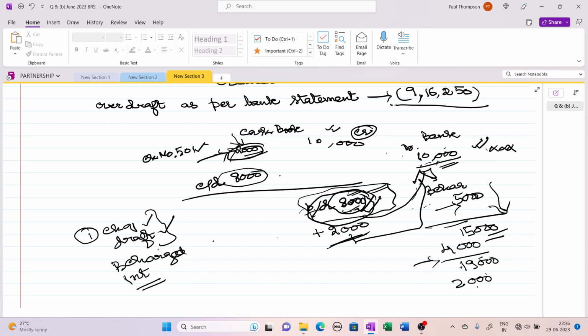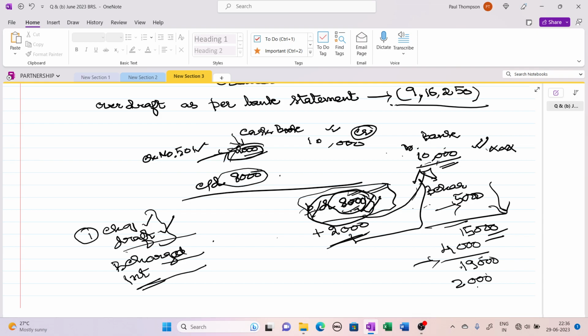So first thing is that any check deposited, any draft deposited, not yet credited, not credited till the date you are preparing the BRS, will increase the overdraft. Any bank charges charged by the bank will increase your overdraft as per bank statement.